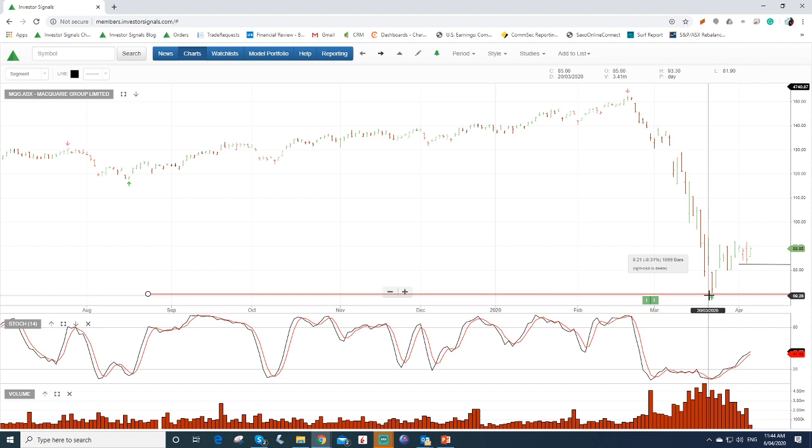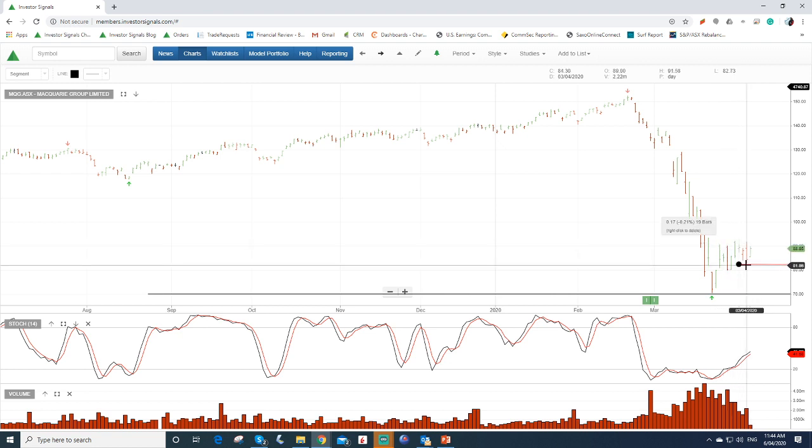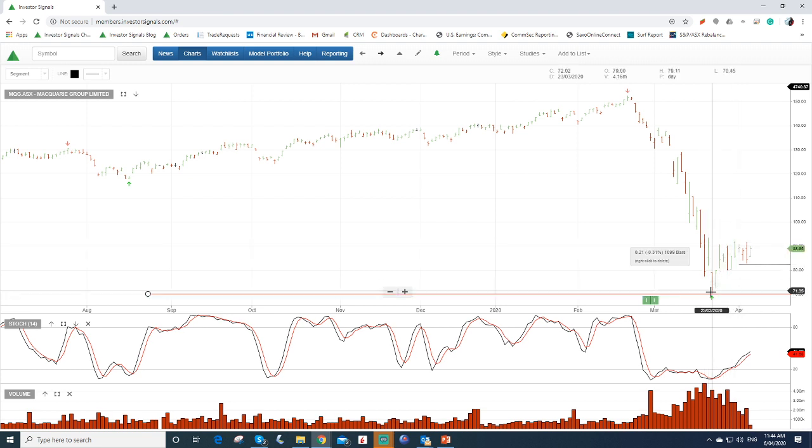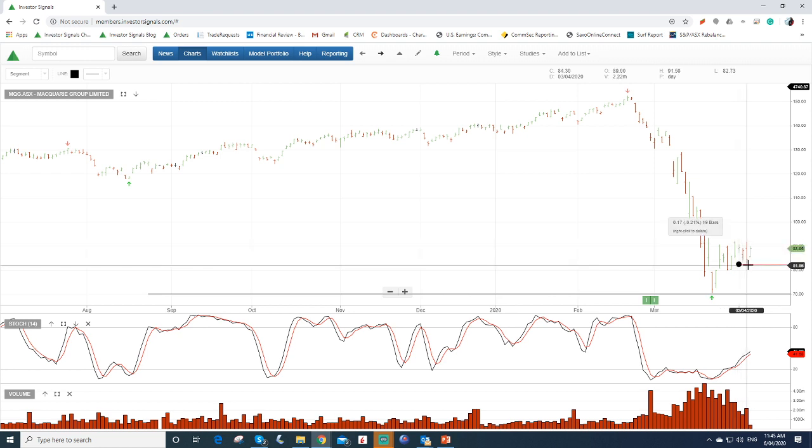And that fits in again with that pattern of a first test, first fail, where resistance has been created at 91, it's pulled back, it's created a support there, and often that first test, first fail is roughly around 50% of the move. So you get an extension higher into resistance, a pullback about 50%, and then you're looking to see whether that support holds and your stop goes below that.